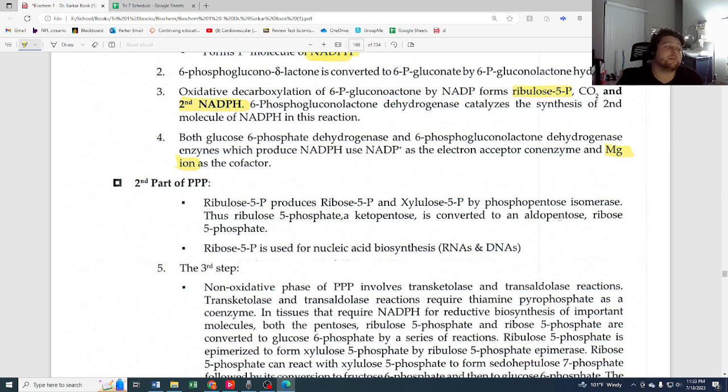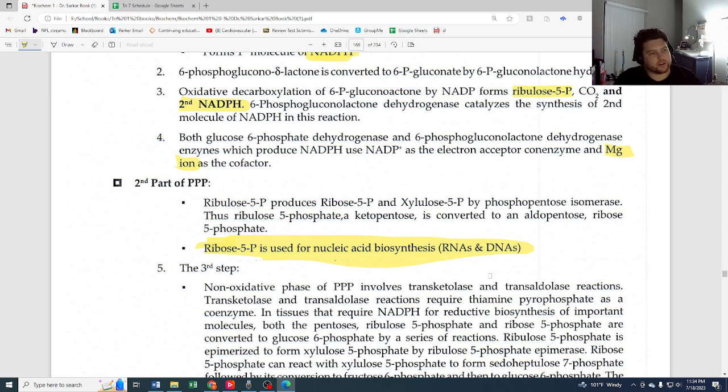If you think way back earlier when we talked about sugar and ribulose versus ribose, we had that chart to help us keep some of those straight. So this is all coming back full circle. And the ribose 5-phosphate is used for nucleic acid biosynthesis. Be careful not to get those two mixed up on quizzes and exams. Ribose is for the RNA and DNA.